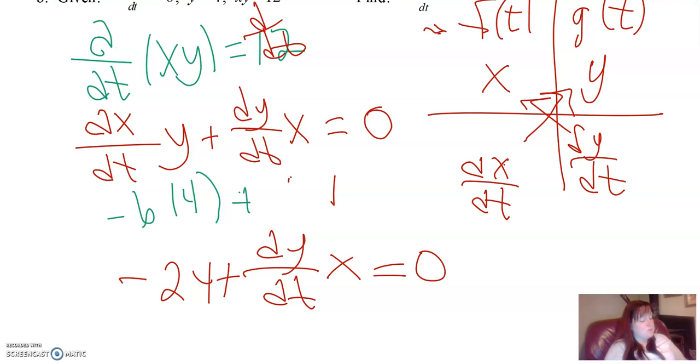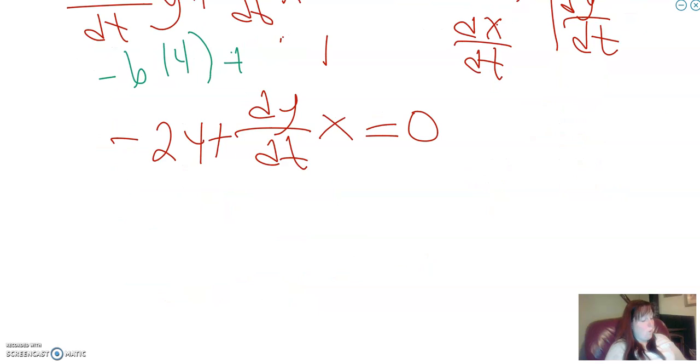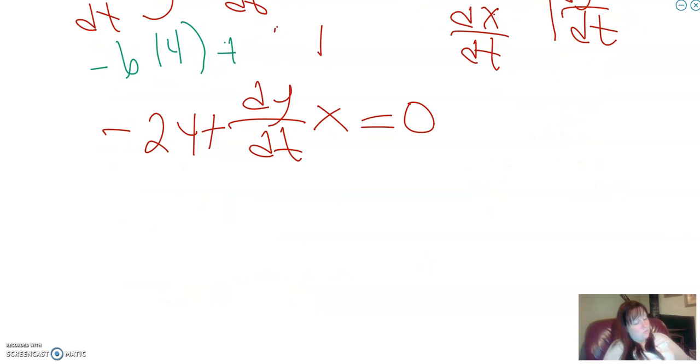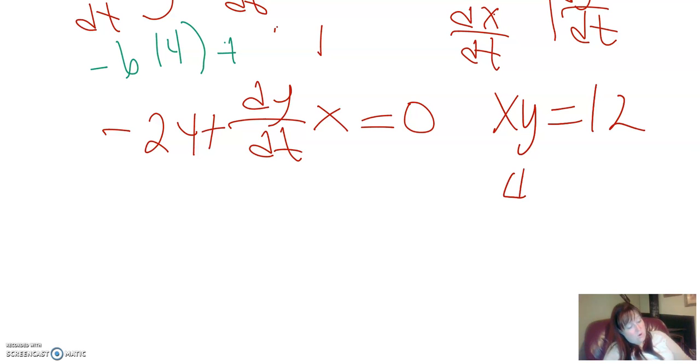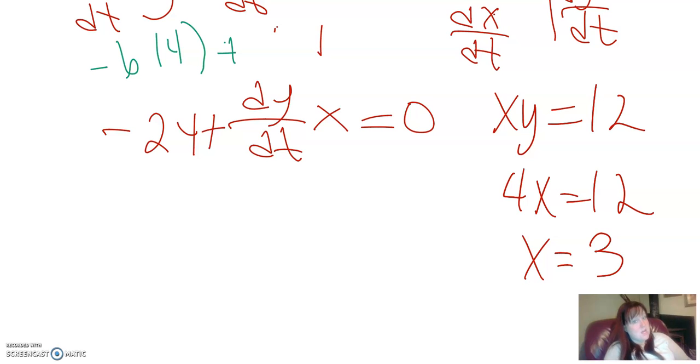So we know that x times y equals 12, and in this instance y equals 4, so we have 4x equals 12. So x has to equal 3. Then we can bring that 3 over here and plug it in for this x.